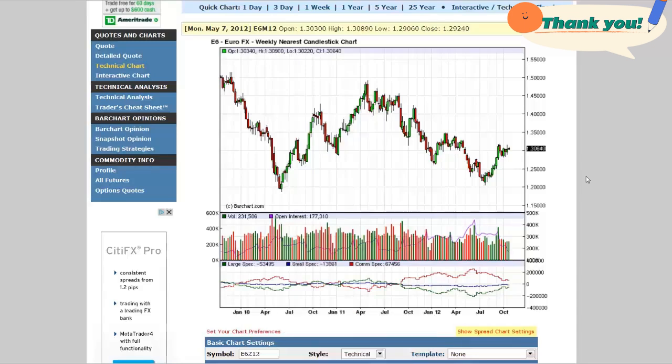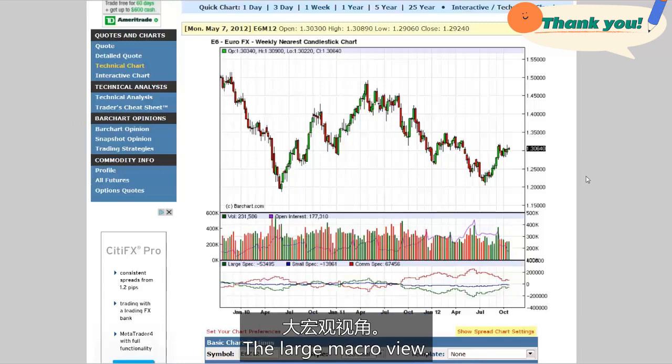And now we had this stage set for weaker prices in the spring of 2012. So now we have more or less the large macro view, okay, couple that with the interest rate market now.